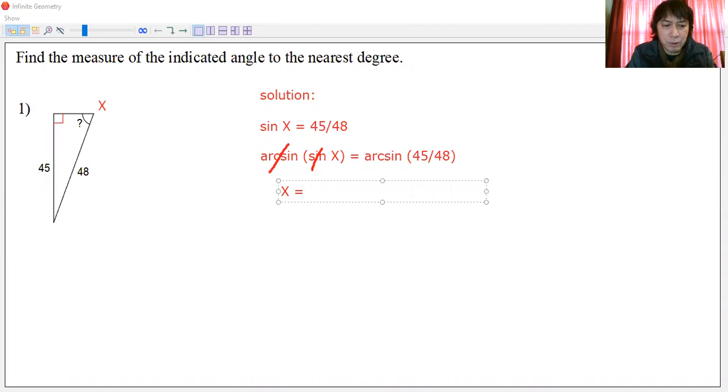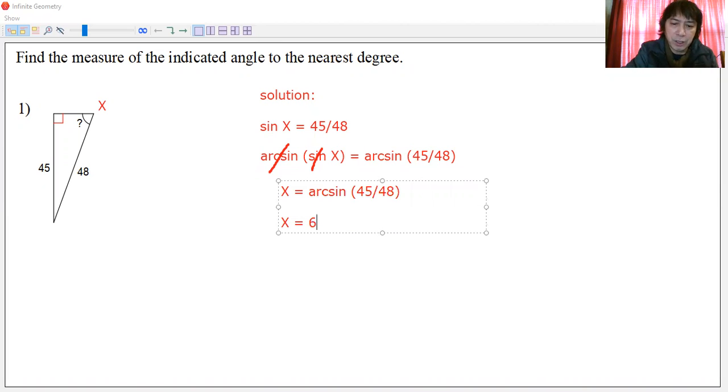This is equal to arc sine of 45 over 48. And you can use your calculator to find the answer. Make sure it's a scientific calculator. So this will be arc sine of 45 over 48.